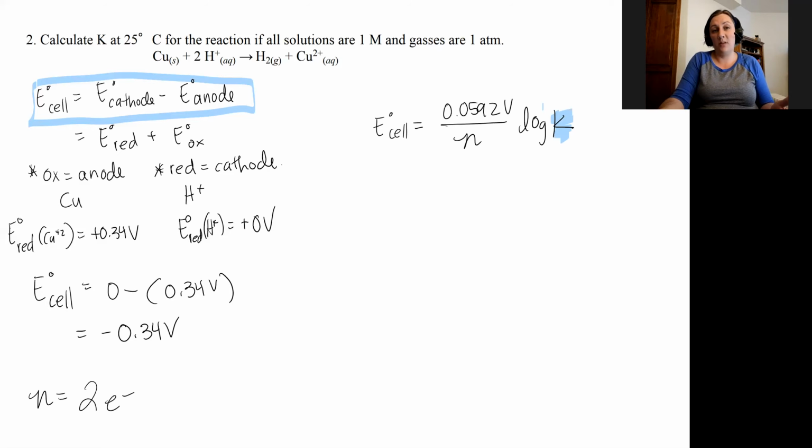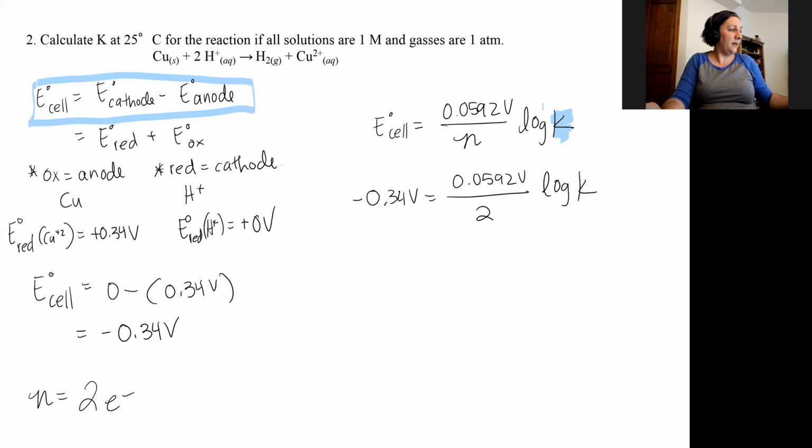And at this point, it's really about plugging in. So that cell potential is that negative 0.34 volts, equal to 0.0592 volts divided by 2, that's my moles of electrons, times log of K. So now as I go through and solve this, I'm going to first get log of K isolated.